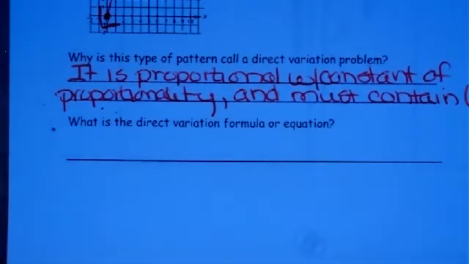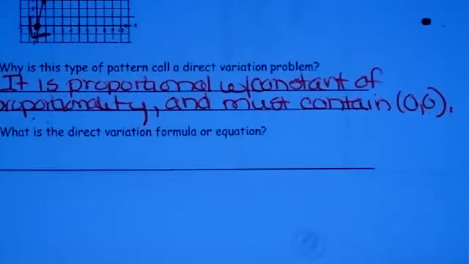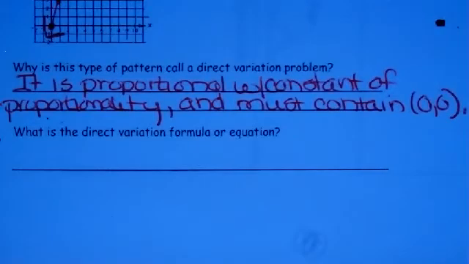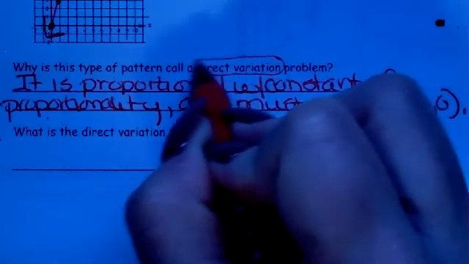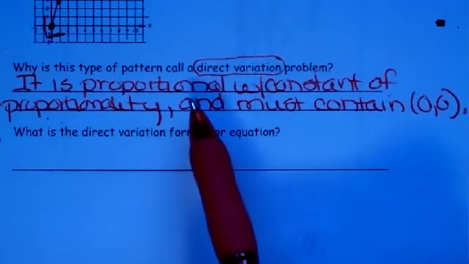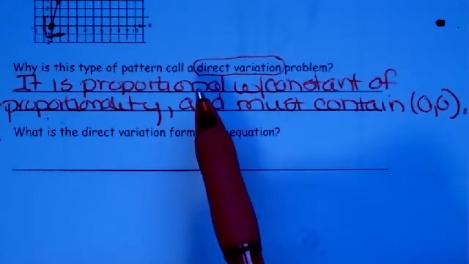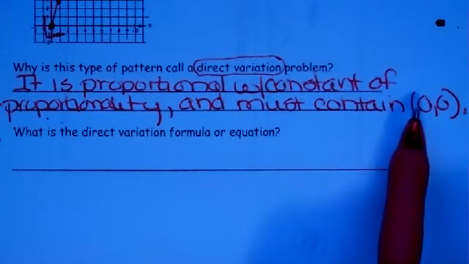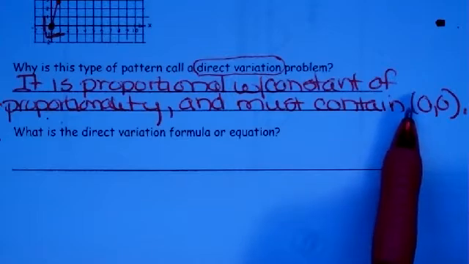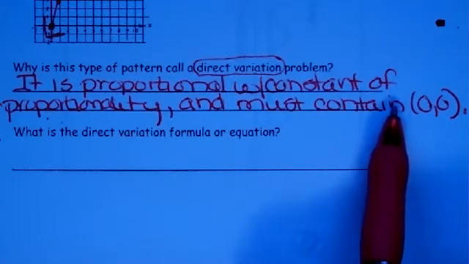That is a key component. So for it to be a direct variation, it has to be proportional, just like you learned in 7th grade, with a constant of proportionality. It also must contain the point (0, 0) in its table of values or its graph.